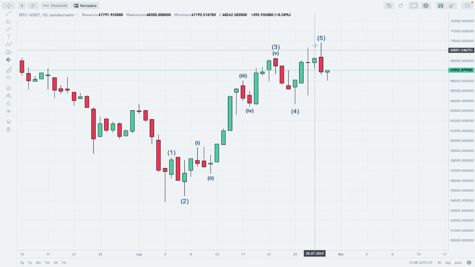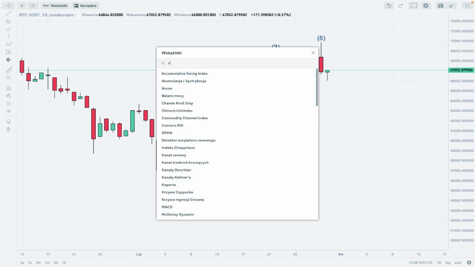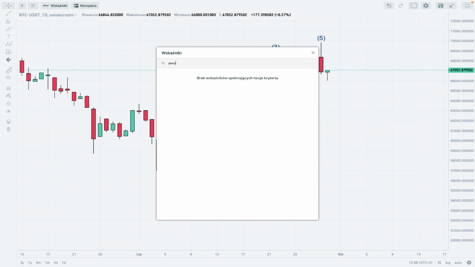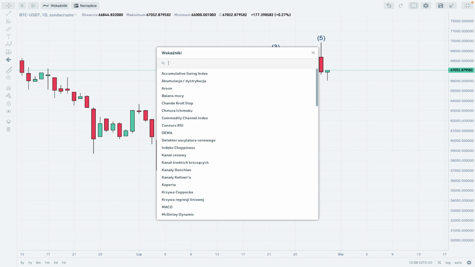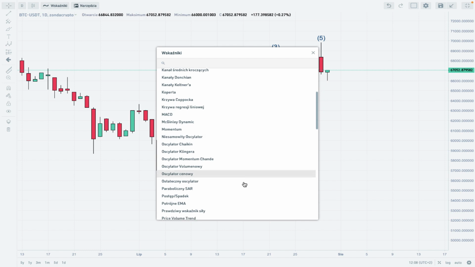Right, it looks like the wave 5 has been completed, but very often between wave 3 and wave 5 there is some sort of divergence, which is possible to use to spot the termination of the wave 5, to be honest. Let me take a look whether this situation might apply.